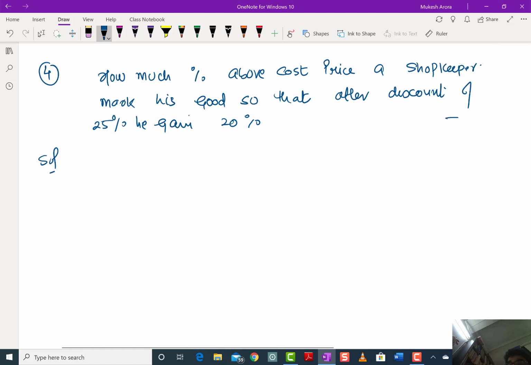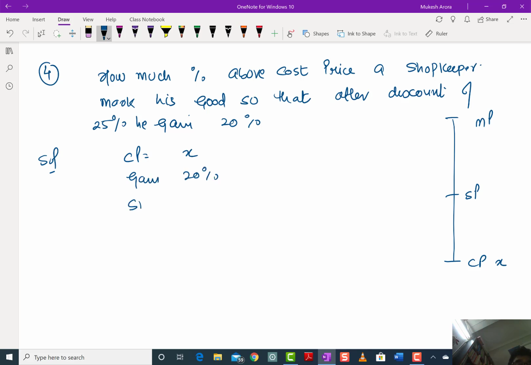So now we go by this. This is CP, this is SP, this is MP. If we assume CP is x, gain is 20%, SP will be 120 upon 100 x. Gain is 20%. 25% is discount.